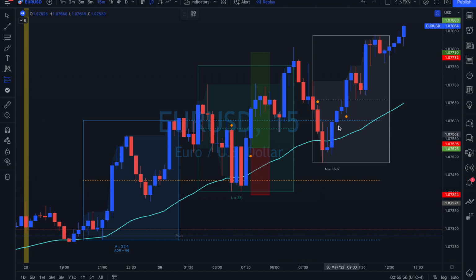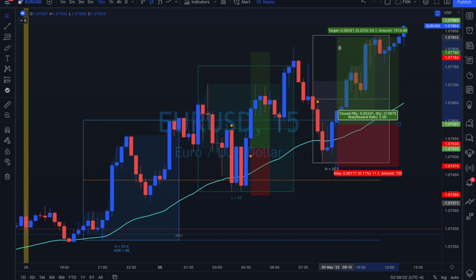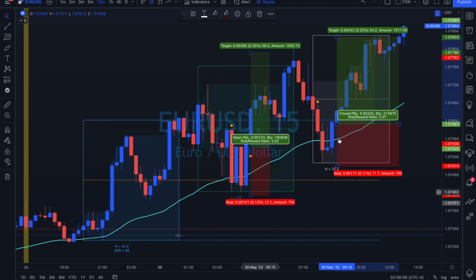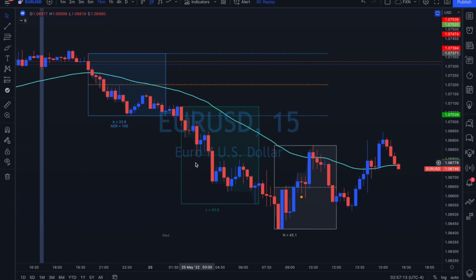So there is another entry right there for you on that particular trade setup. So it'd be something like this. And so now you have back-to-back trades in both sessions that were available for you just by using the 50 EMA.